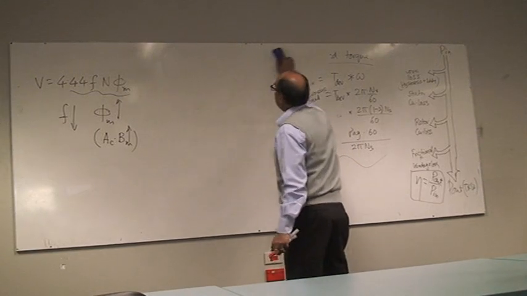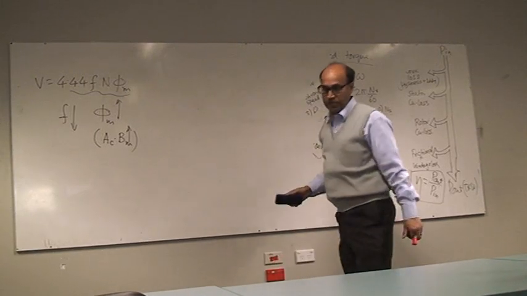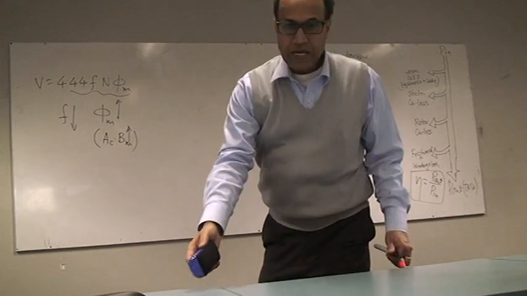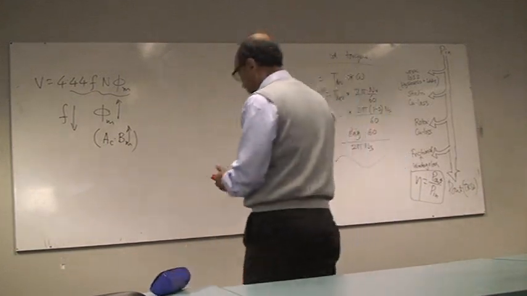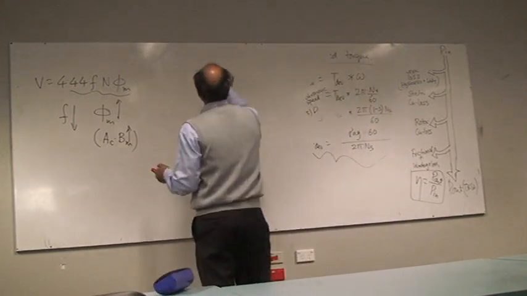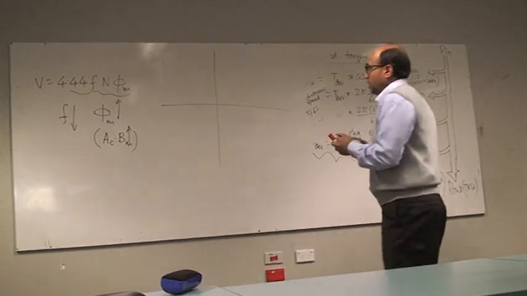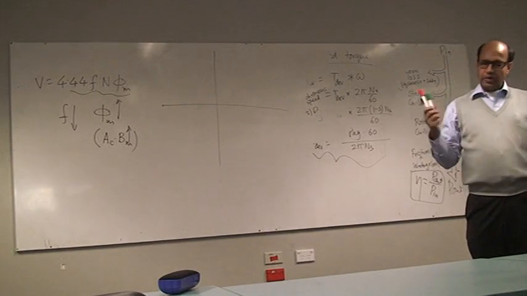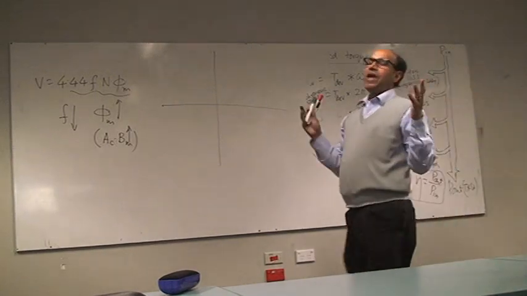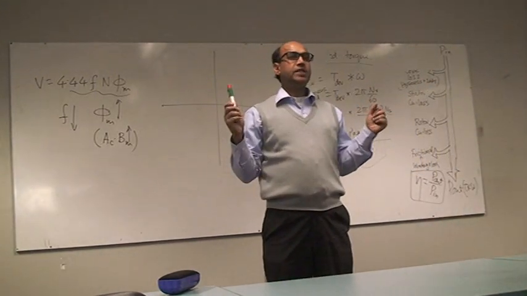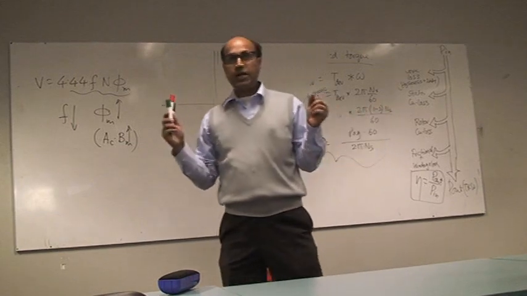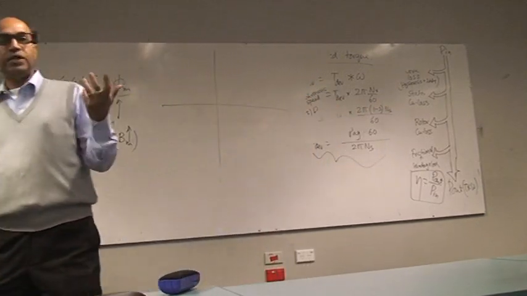So when your Bm increases, what exactly happened? Think of that: we have to set up the flux in the system. How do we set up the flux?